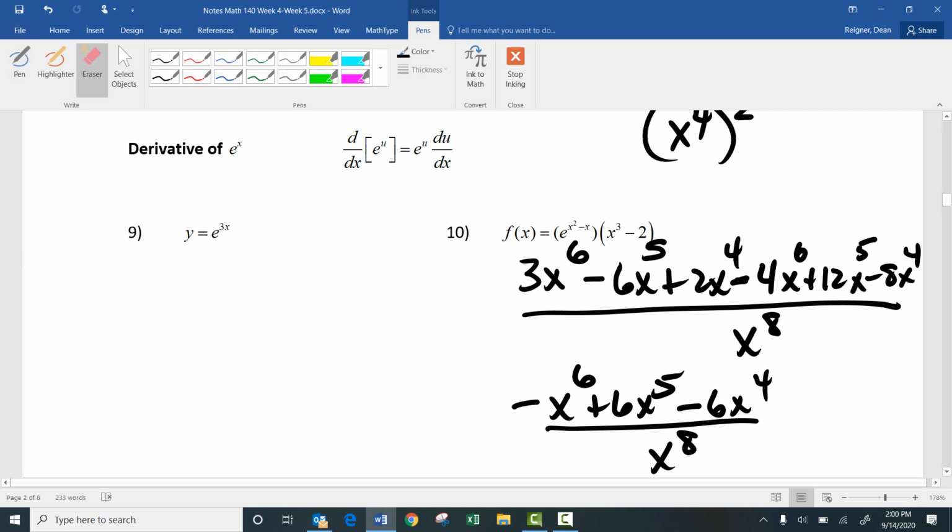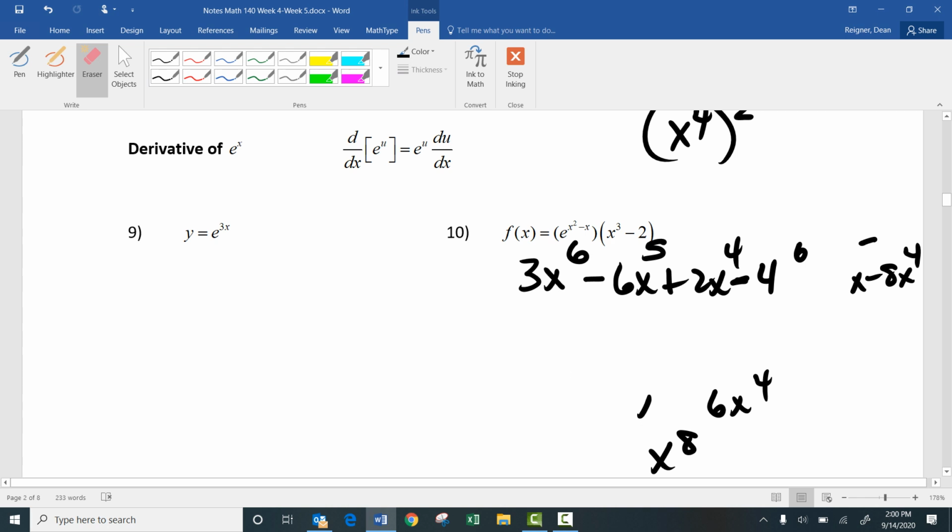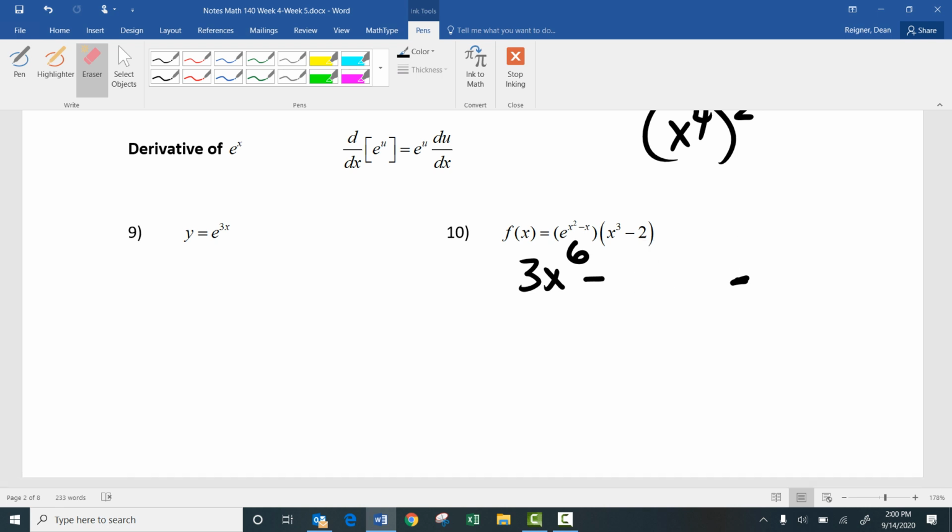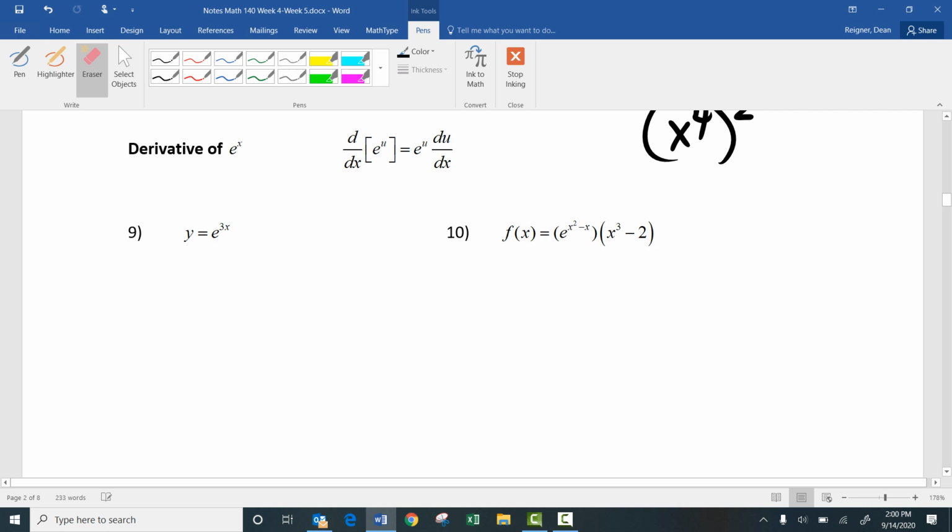So those rules are going to come in handy when we go on to the last rule, which is chain rule. But what your book actually does is throw in a special derivative, which is the derivative of e to the x. It throws this in a little early. Some textbooks don't throw this in quite as early.